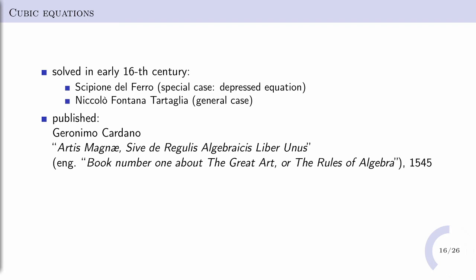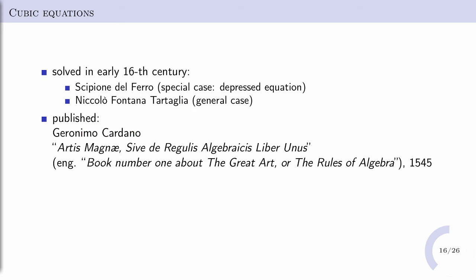The general solution was found by Tartaglia sometime later. Anyway, neither of these two ever published their findings. The result was published for the first time by Geronimo Cardano in Ars Magna without actually crediting Tartaglia. Cardano learned the method from Tartaglia but didn't credit him in his book.